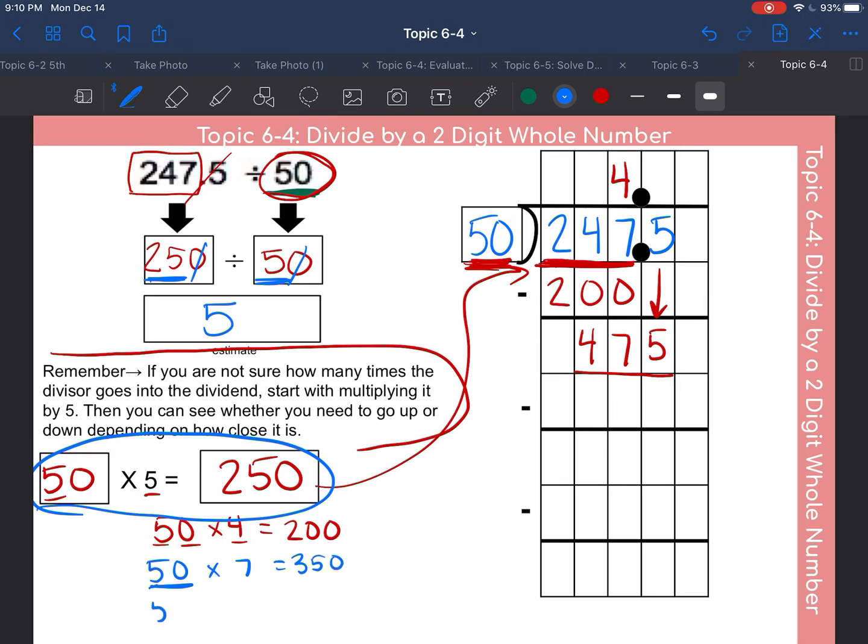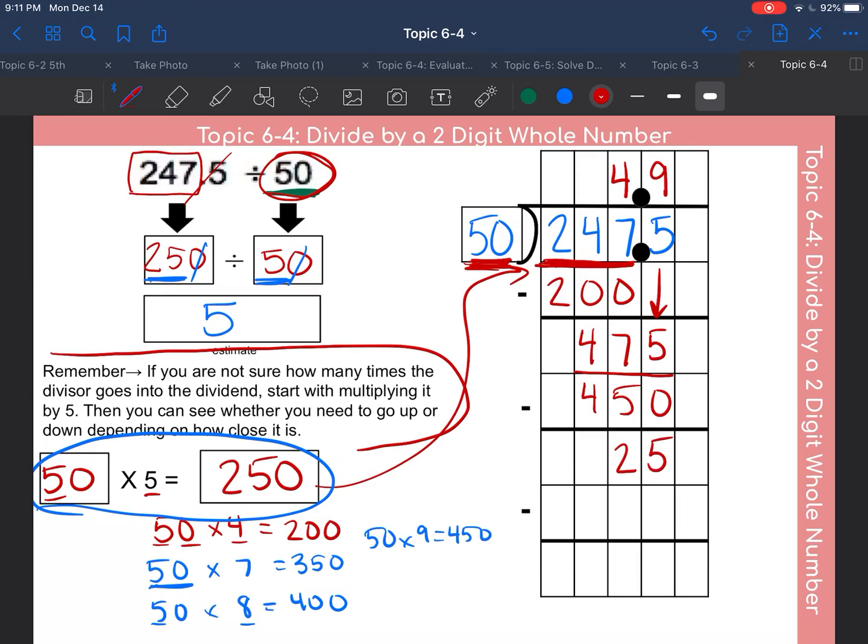Let's try 50 times 8. 8 times 5 is 40. Add the 0. I think we can get even a little bit closer. 50 times 9 is 450. I think that's probably the closest we can get. So it goes in 9 times. All right, and we get 450. We subtract and we get 25.